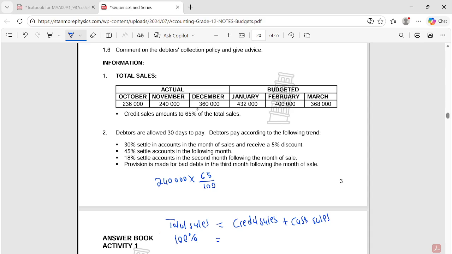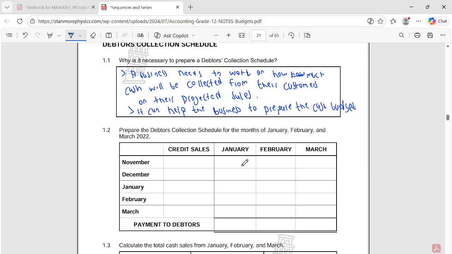The given amount is 100% because it's total sales, and we need 65%. So 240 multiplied by 65%, I'm getting 156,000, which is my credit sales for November.